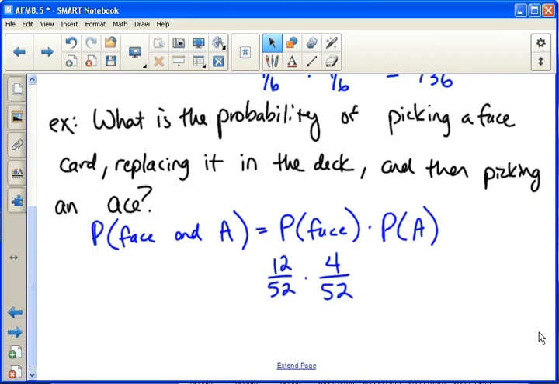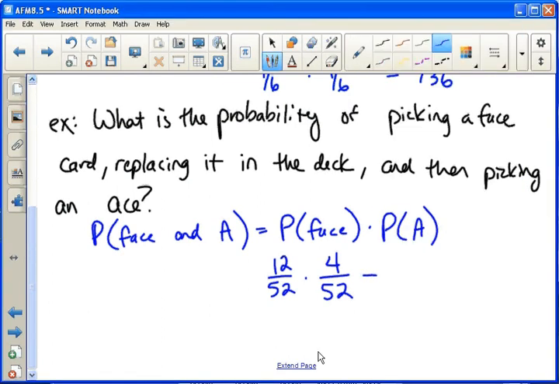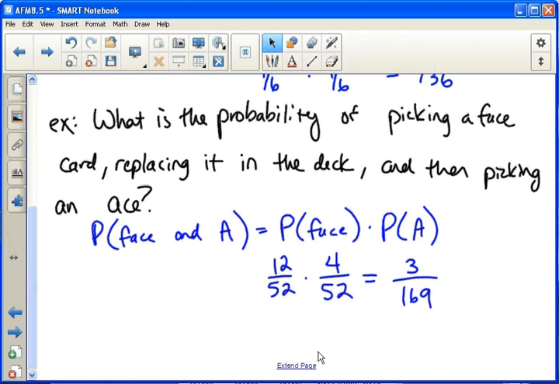So 12 out of 52 times 4 out of 52. Change it to a fraction. We get 3 out of 169. So the probability of drawing a face card, putting it back in the deck, and then picking an ace after that would be 3 out of 169.